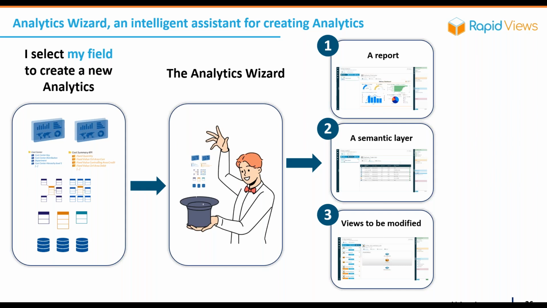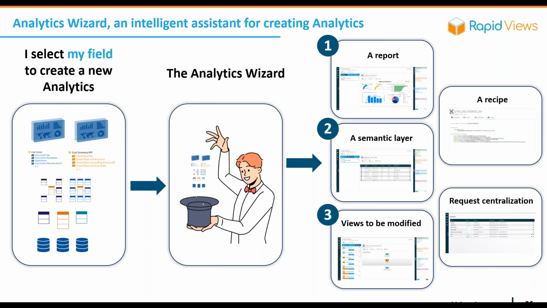So this tool is also going to be a fantastic tool to help any BI developer pick the right CDS views to build any new report. Okay, so we will show you how that works.